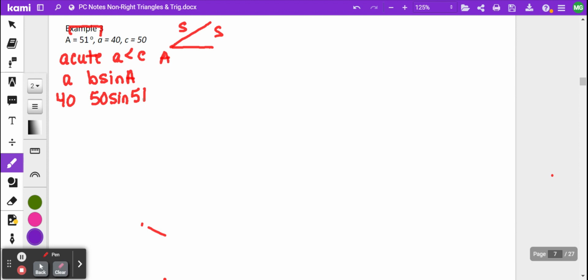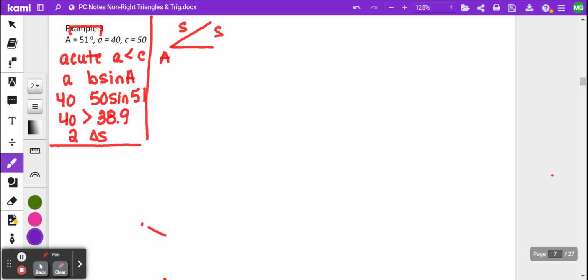Well, 50 times the sine of 51 is 38.9. So obviously 40 is bigger than that, and that tells us we are going to have two distinct triangles that could be solved using this information.